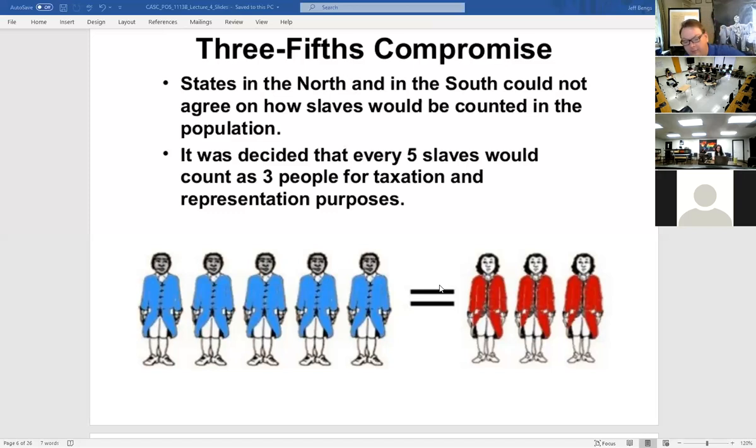Remember, the original Constitution did not have a Bill of Rights, which would be a section that would protect individual rights from the federal government. So with that condition, those states joined, and then Madison was one of the leaders of drafting the Bill of Rights, which was passed in 1791.